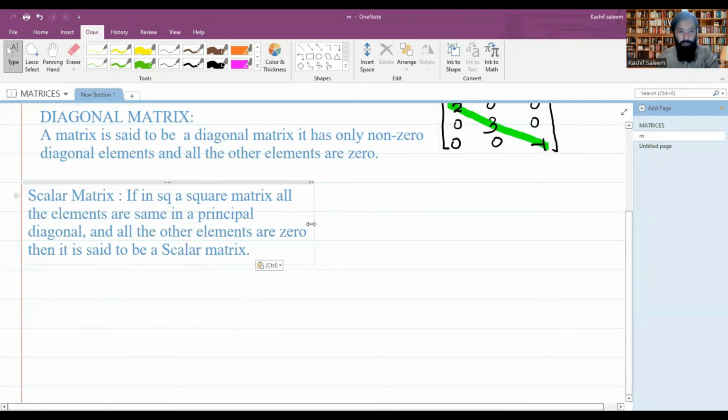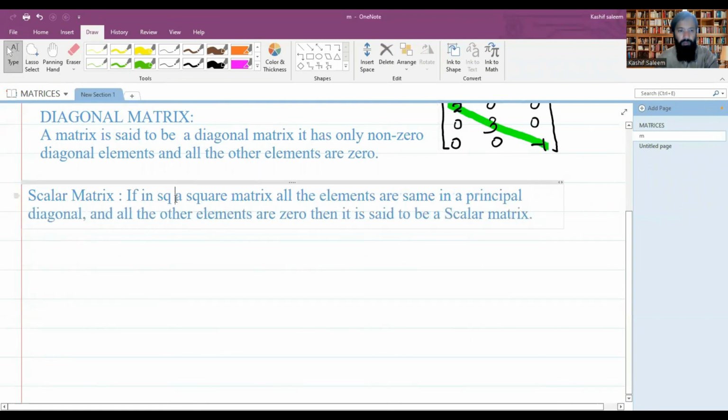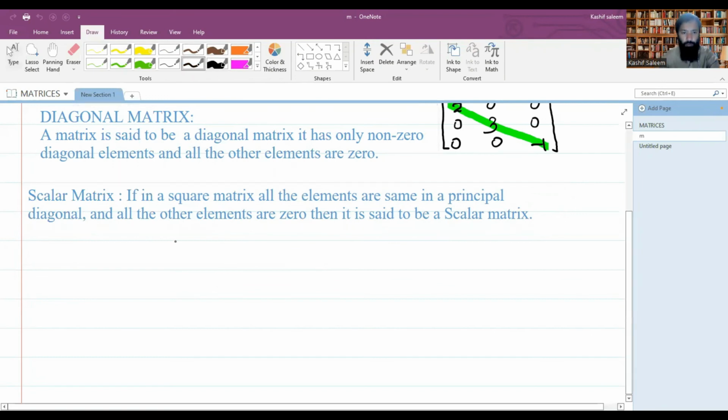If in a square matrix all the elements in the principal diagonal are the same and all the other elements are 0, then it is said to be a scalar matrix. Let's suppose the diagonal elements are k. So this is k 0 0, this is 0 k 0, and this is 0 0 k. So this is known as a scalar matrix.